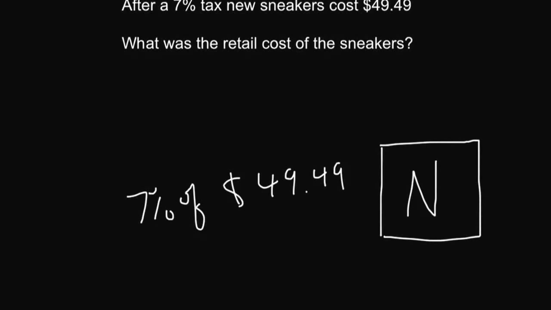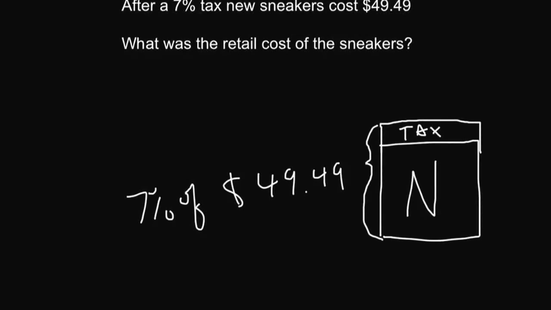Well, here's the problem. The Nikes didn't cost you $49.49. The Nikes plus the tax cost you $49.49. So if you take 7% of this large number and take it away from the smaller number, it's not the same thing. 7% of this smaller number is not the same as 7% of this larger number.